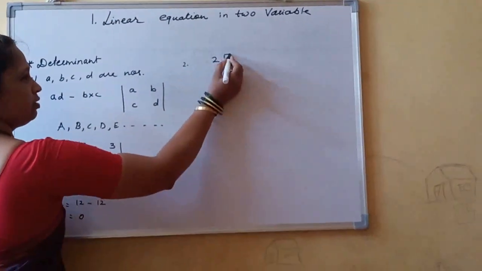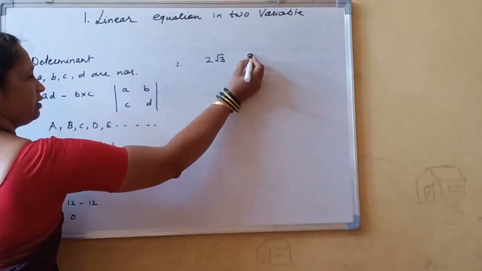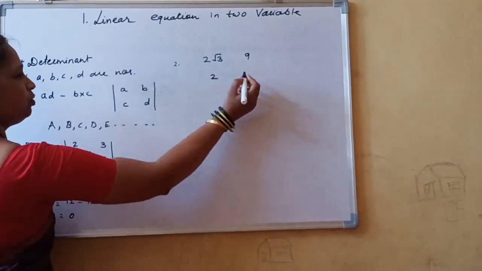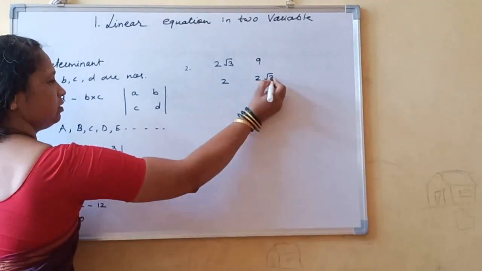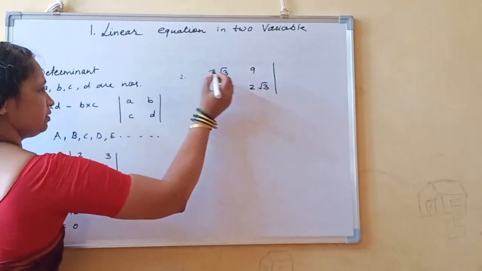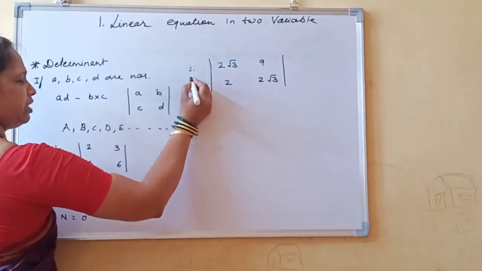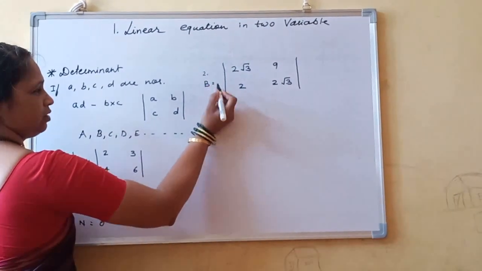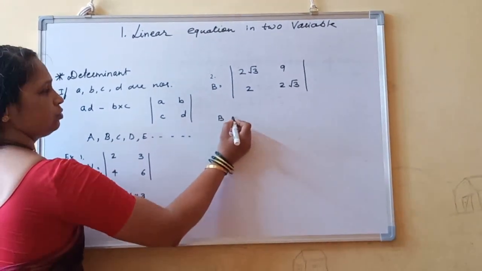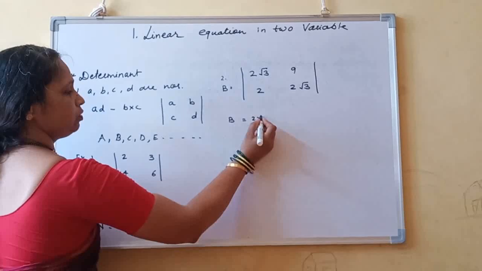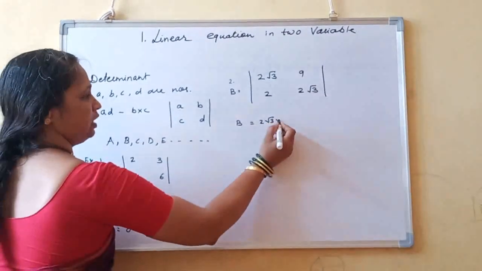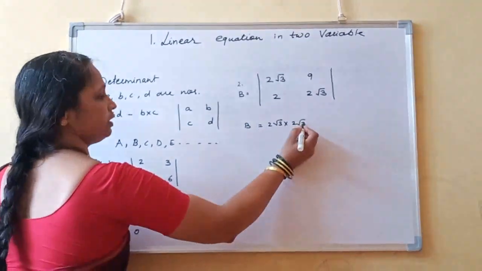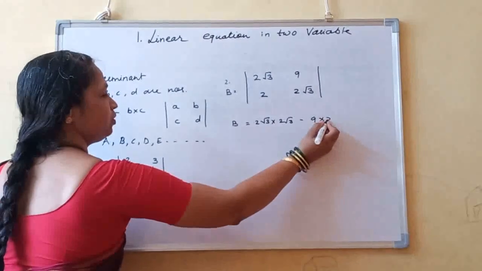2 root 3 and 9, 2, 2 root 3. Now we'll simplify. Let's give the name to this determinant as B. So B is equal to 2 root 3 into 2 root 3 minus 9 into 2.